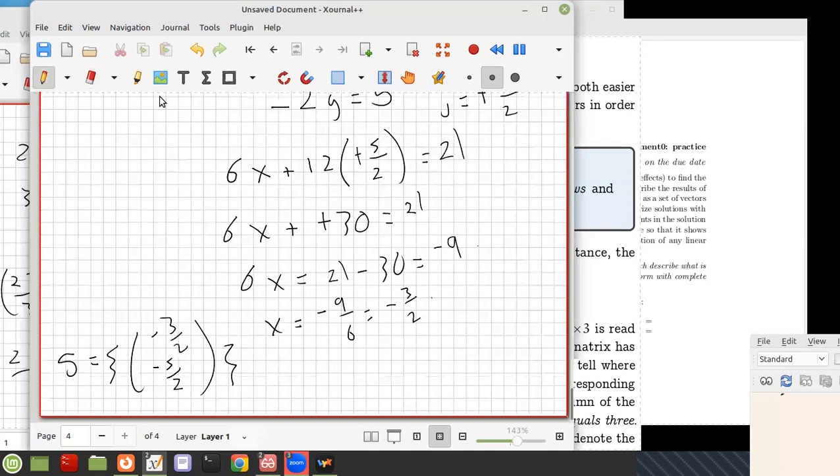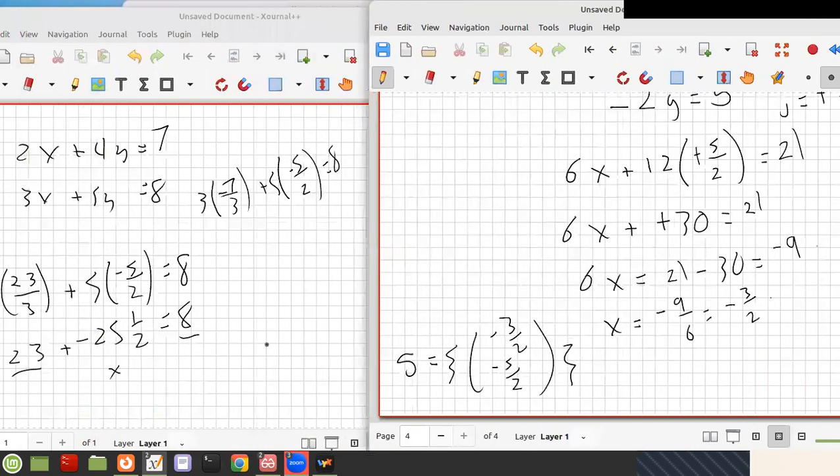So it's minus 5/2 and 3/2. And that's going to look a little bit better if I have 3 times minus 3/2 plus 5 times minus 5/2 equals 8, because this is going to be minus 9/2 plus minus 25/2 equals 8.